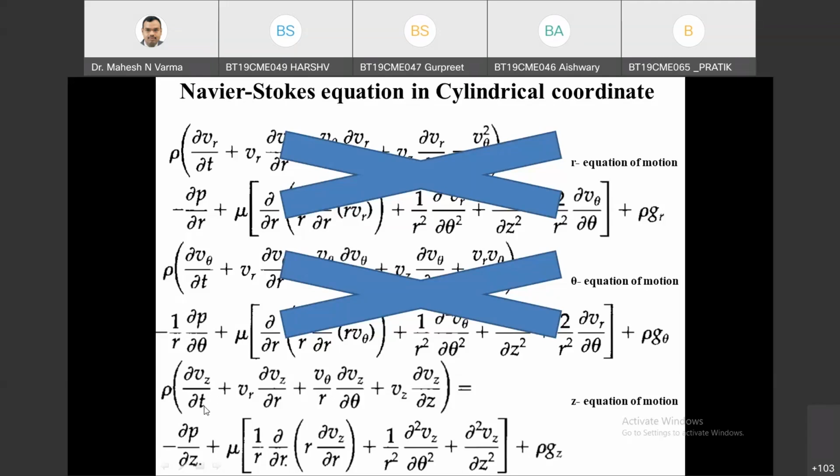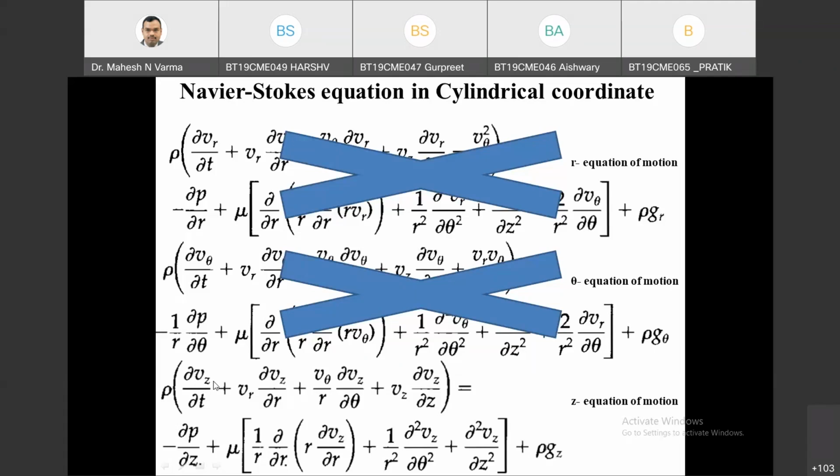Where is it given in the problem that it is steady state? Very good, it is steady state.